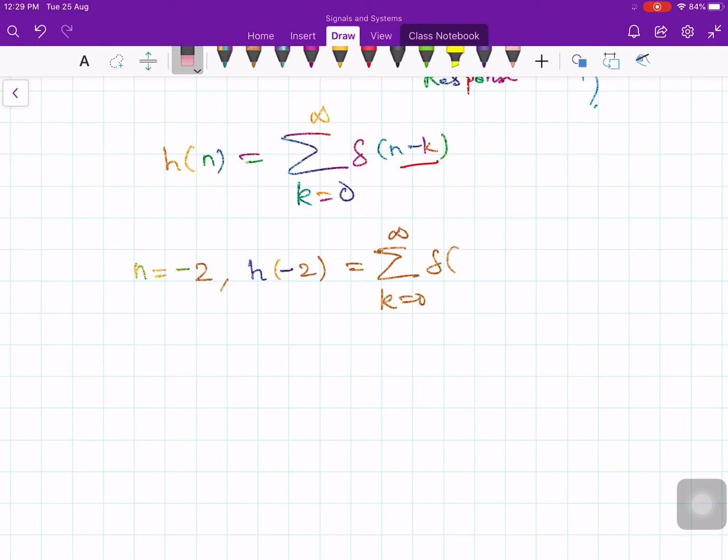So minus 2 minus k, now I got it. Now expand.